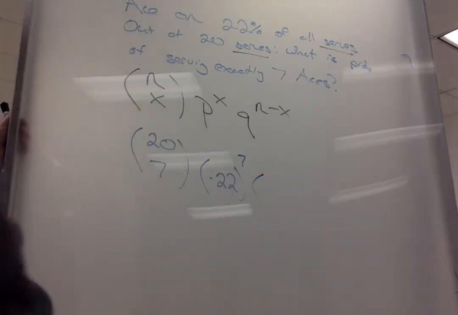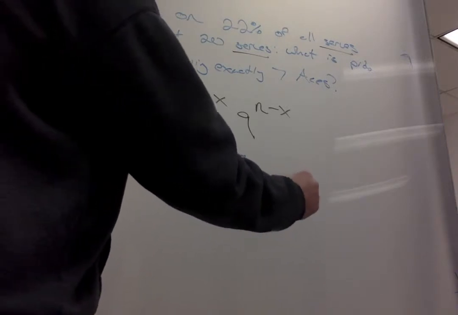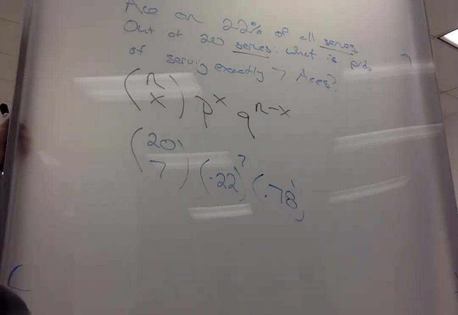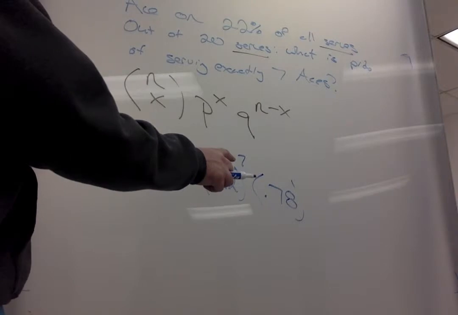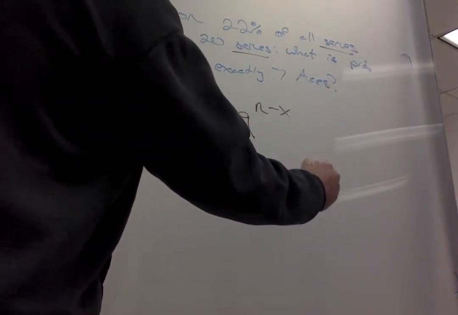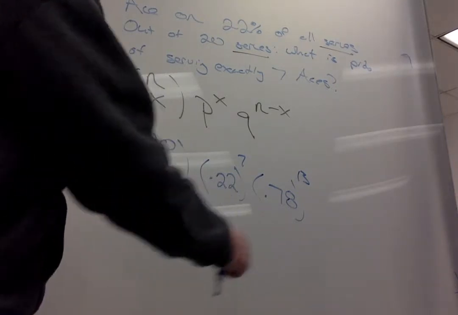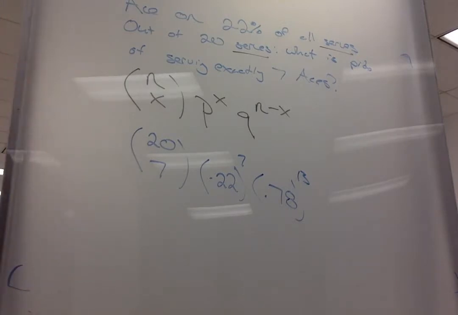The probability of failure is 1 minus 0.22, or 78%. If there were 7 successful events out of 20, there must have been 13 unsuccessful events. Plugging this as a series into your calculator will give you the final answer.